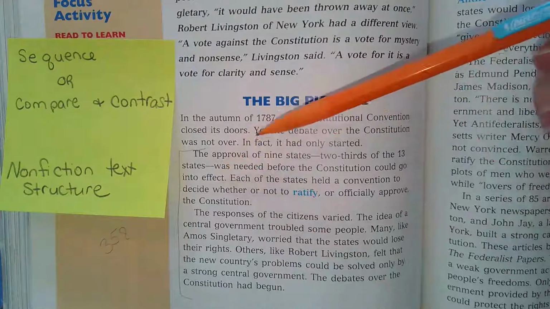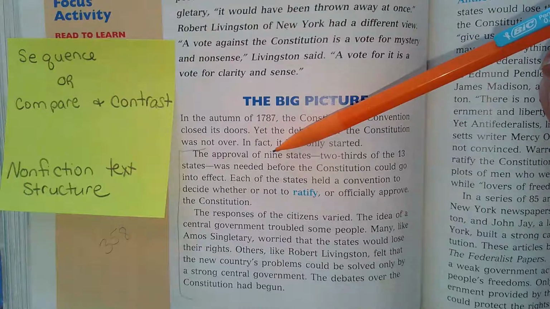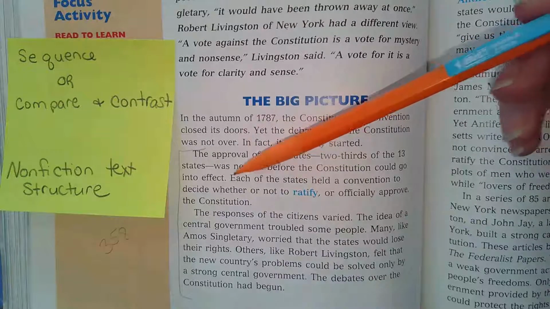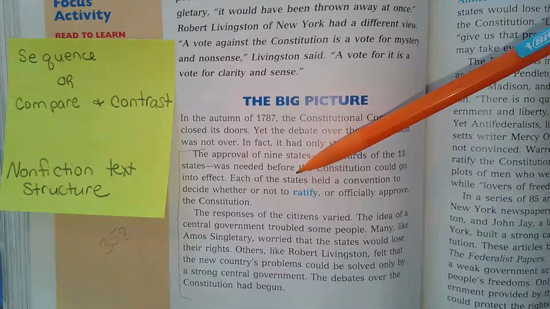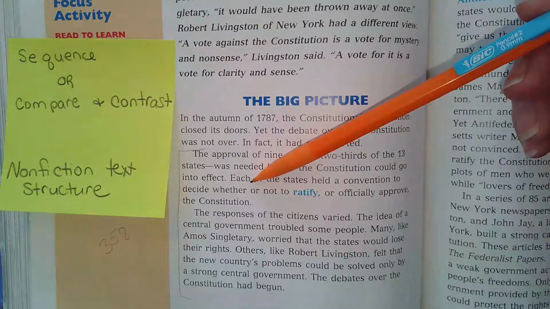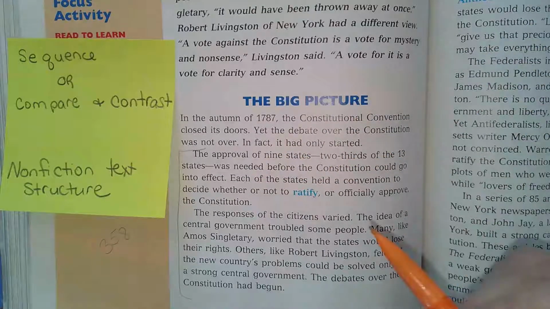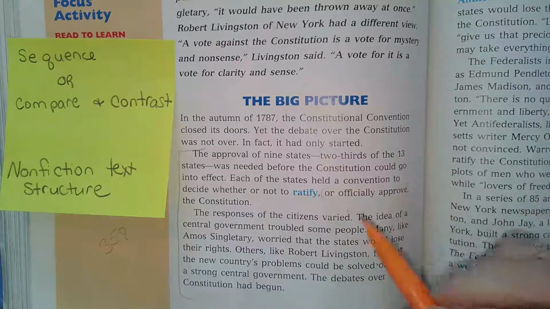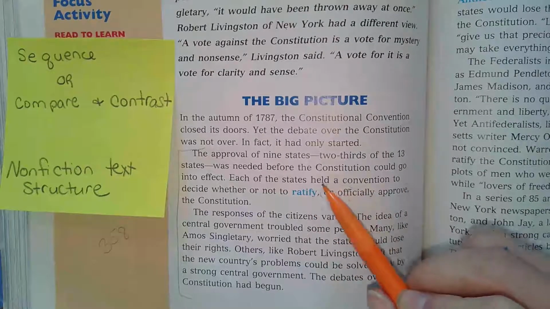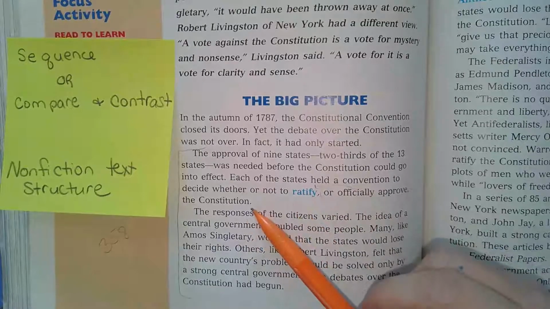Up until 9 states agreed to the Constitution, it was just a suggestion. So in order to do that, in order to get the approval, each of the states held a convention to decide whether or not to ratify. What does ratify mean? Well, these commas tell you your definition is right here. Officially approve the Constitution.